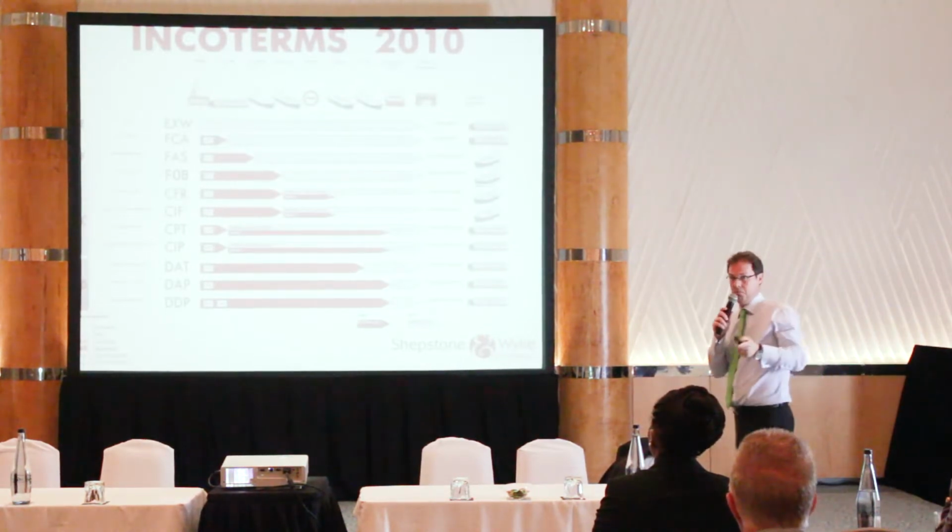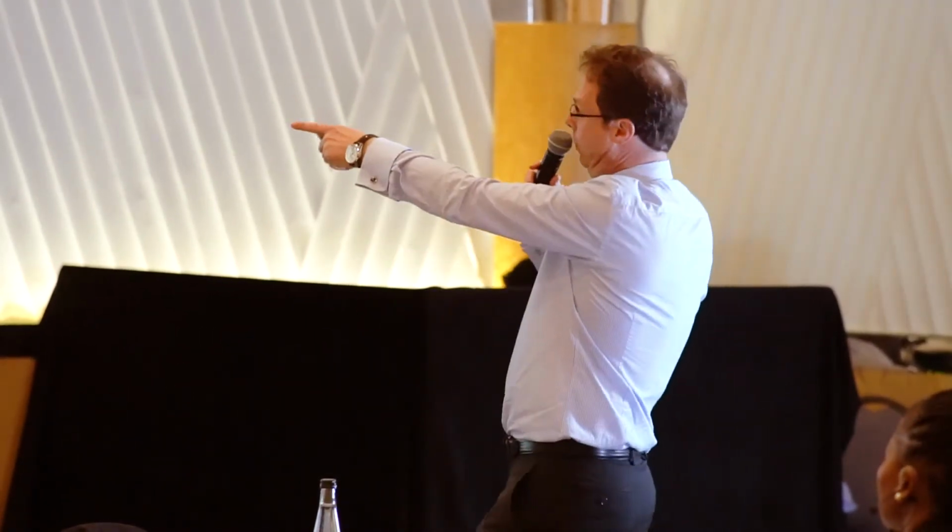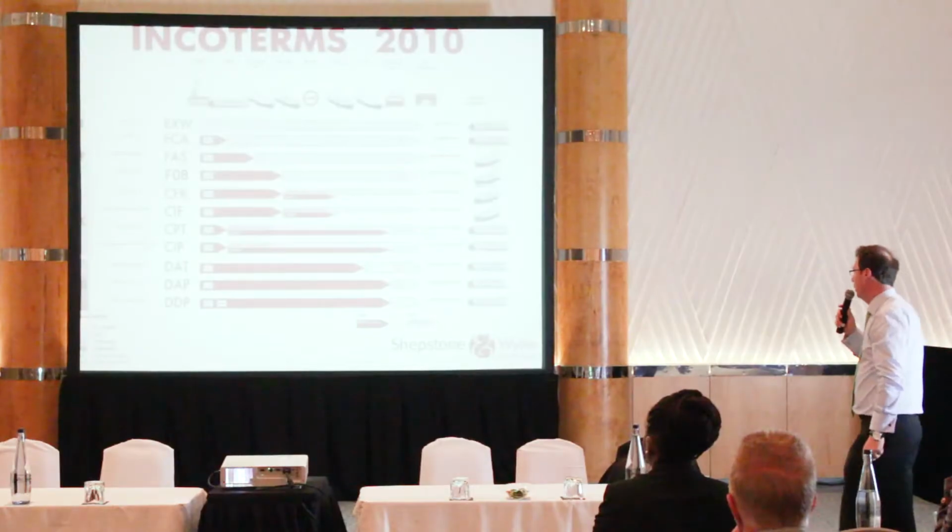So in ex works, the seller says to his buyer, come collect my goods. But in a delivered contract, DDP at the bottom, the seller has to arrange carriage all the way to the port of discharge where the buyer is, and sometimes to an intermediary storage facility, or even sometimes to the buyer's premises.